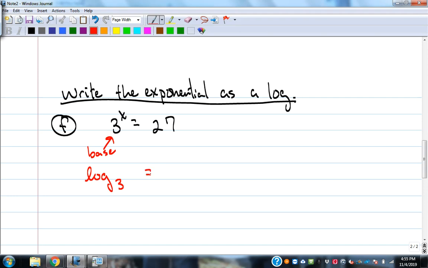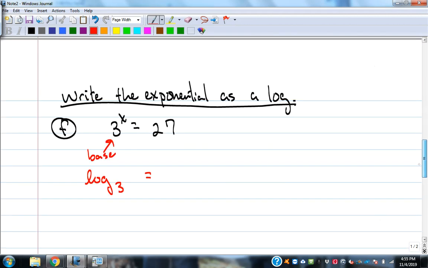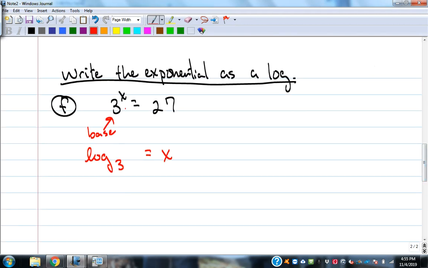A logarithm is an exponent, a way of saying equals. So x is what this thing equals. That leaves only one place to put the 27, and that's what you're taking the log of. So the base of your exponential becomes the base of your log, what it's equal to is going to be the exponent, and what the exponential is equal to is what you're taking the log of.